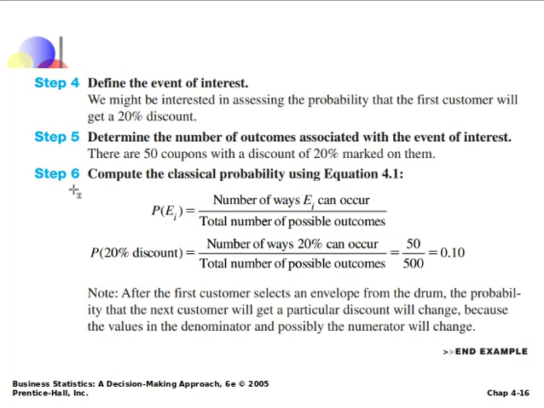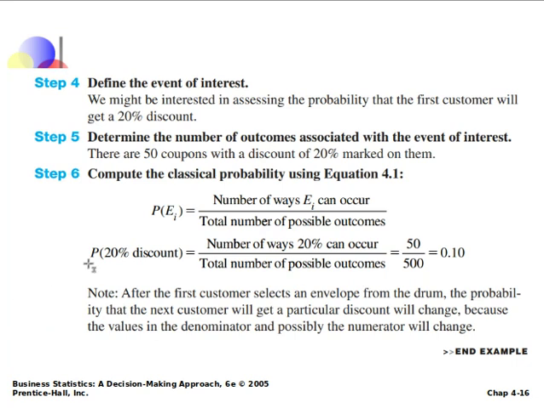Step 6. Compute the classical probability using equation 4.1. That was the equation given previously. It's the same one, where the probability of E sub i equals the number of ways E sub i can occur over the total number of possible outcomes.